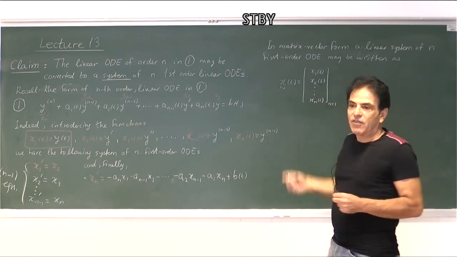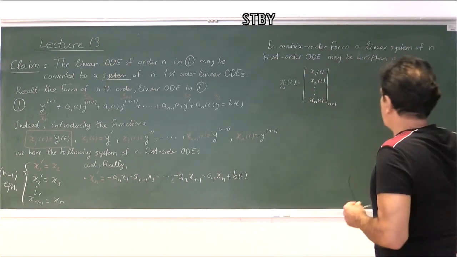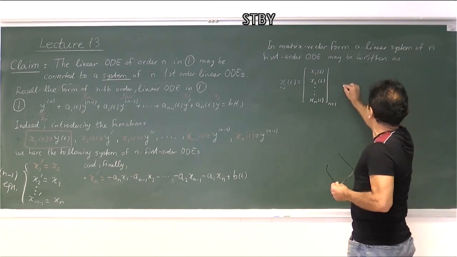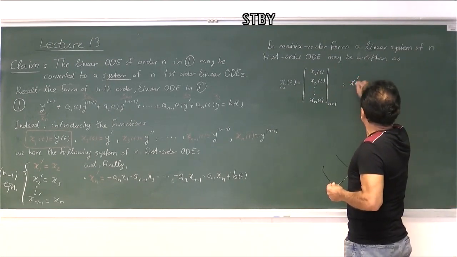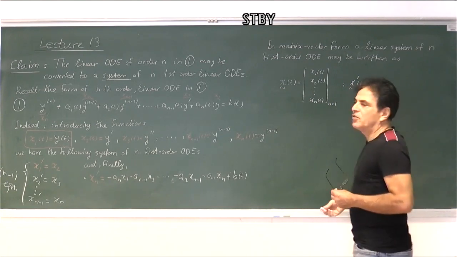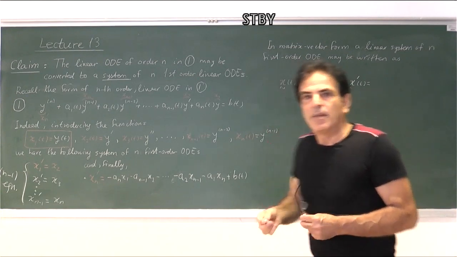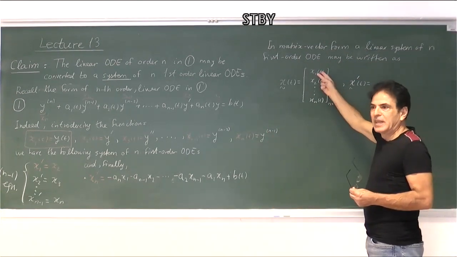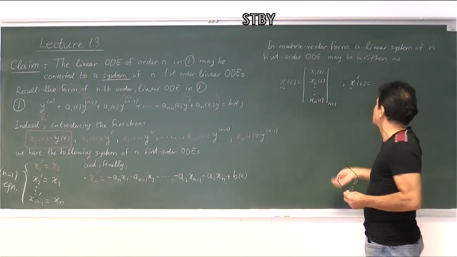With this definition, its derivative, as you remember, the derivative of a vector function is a new vector where we take the derivative of the component functions.